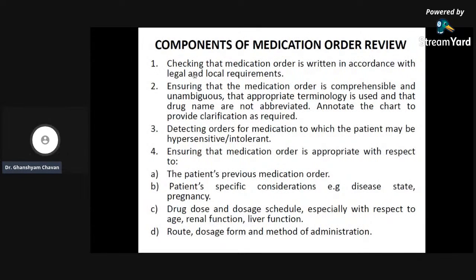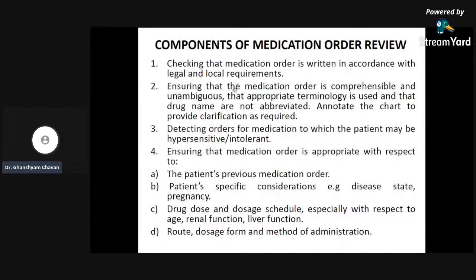So there should be no illegal drugs. Drugs should be legal. And for local requirements, we consider the drugs required for the local community for which we are prescribing, and which drugs are more suitable for this local community.